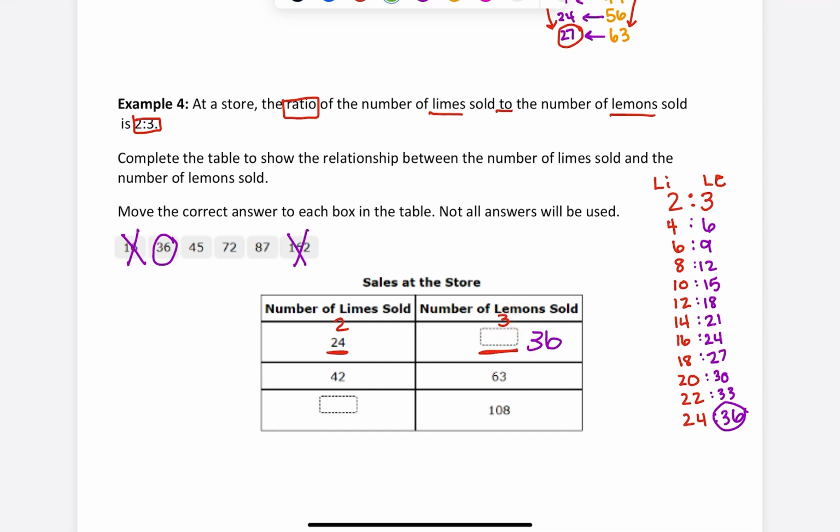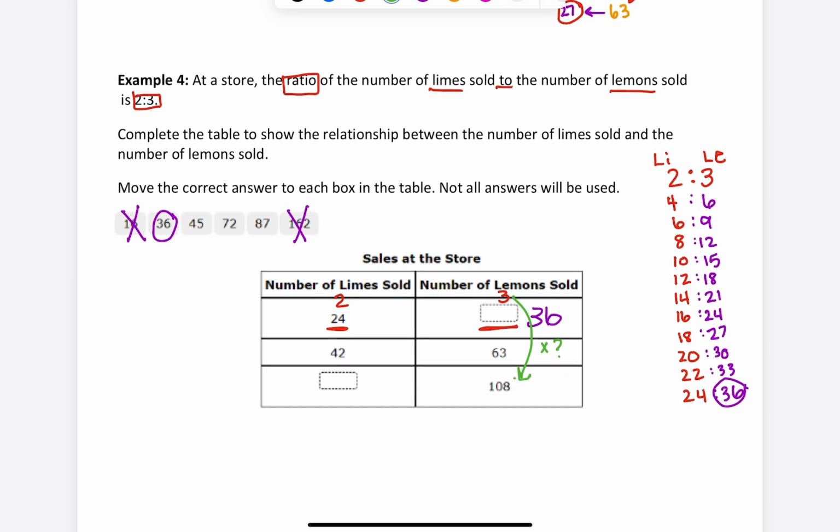So you could kind of guess and check, how do I get from 3 to 108? Okay, so you could do 3 times random numbers. Or what's the opposite of multiplying? Dividing. So we're gonna take that 108 and divide it by 3. So 108 divided by 3. 3 cannot go into 1.